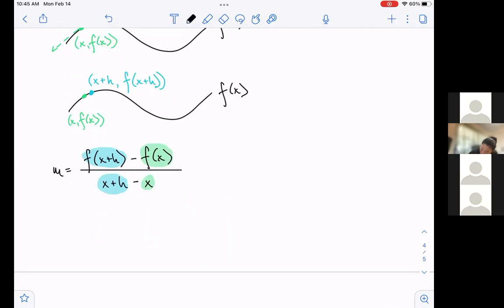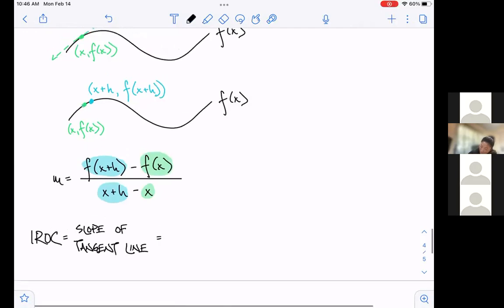If I want to find the instantaneous rate of change, that means I want to find the slope of, we don't call this the secant line, we actually call this the tangent line.